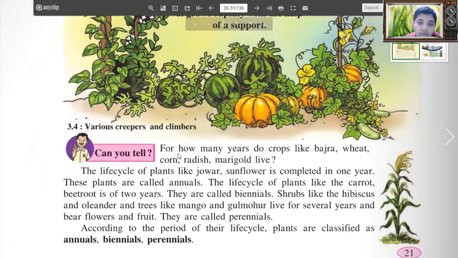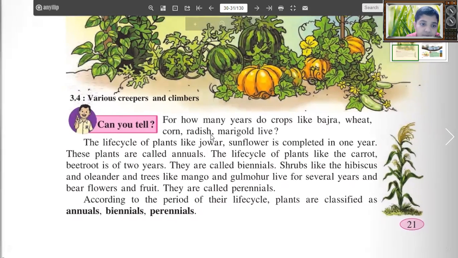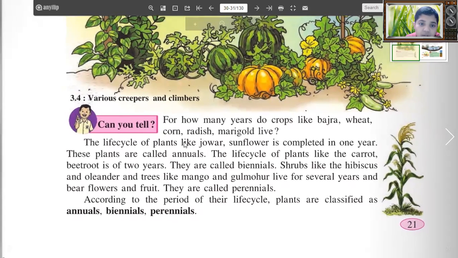Can you tell? For how many years do plants like bajra, wheat, corn, radish, and marigold live? The life cycle of plants like jowar and sunflower is completed in 1 year. These plants are called annuals. The life cycle of plants like the carrot and beetroot is 2 years.